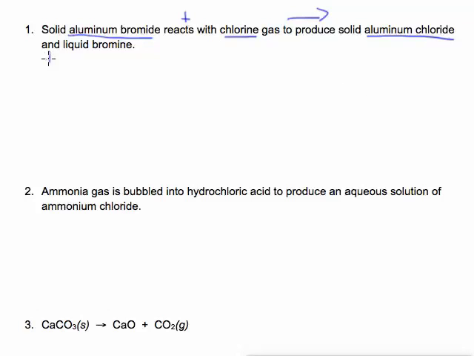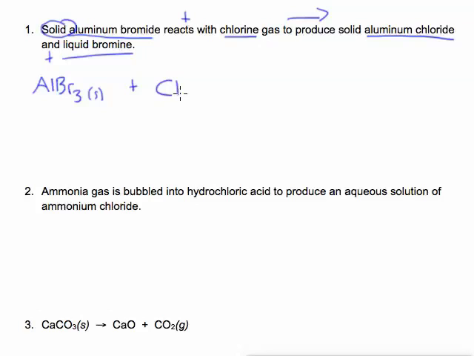We know aluminum bromide, if we're going to drop and swap, we get AlBr3. We also know it's a solid, so we need to say solid. Plus chlorine gas. Now you might just put Cl, but you have to remember that chlorine is one of your diatomic molecules. So it's not going to be Cl, it's going to be Cl2.